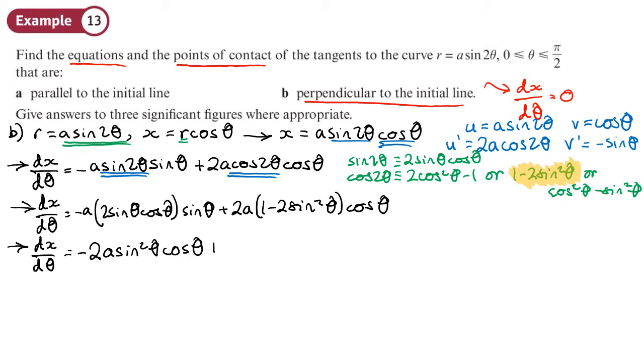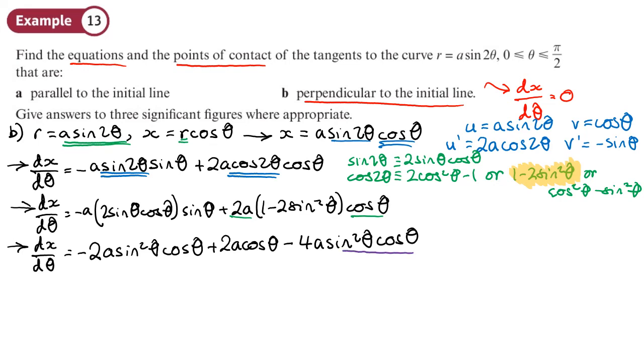I want the same thing in the second one. So if I multiply the terms by 2a cos theta, then I will have 2a cos theta and then minus 4a sine squared theta cos theta. So you notice now this is what we wanted.